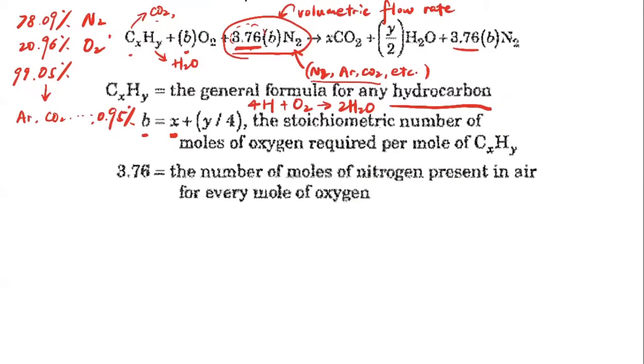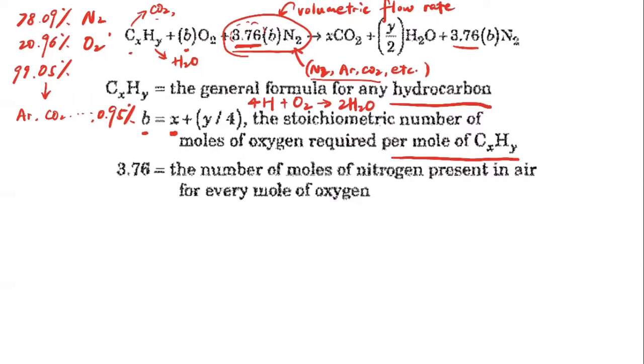So this B value here is the stoichiometric number of moles of oxygen required per mole of the hydrocarbon. And this 3.76 is the number of moles of nitrogen present in the air for every mole of oxygen. We mentioned that strictly speaking, this is not nitrogen. This should be inert gas. Okay, it's just that nitrogen is occupying most of the contents there.